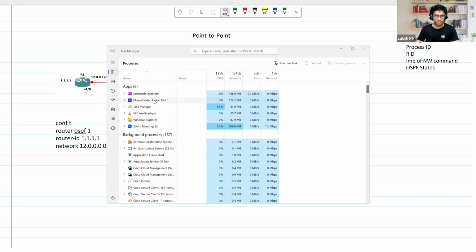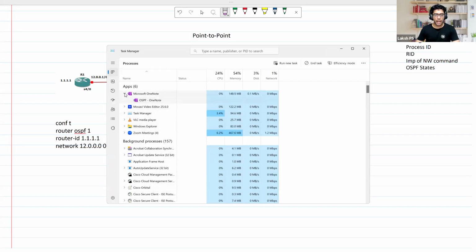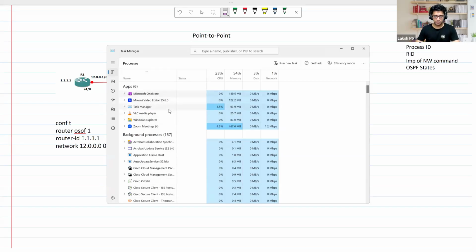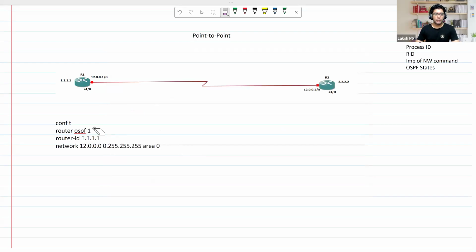And every process has a number, an ID to it. All these processes that are running on my computer will have their own IDs, right? That is the same thing with OSPF process ID.